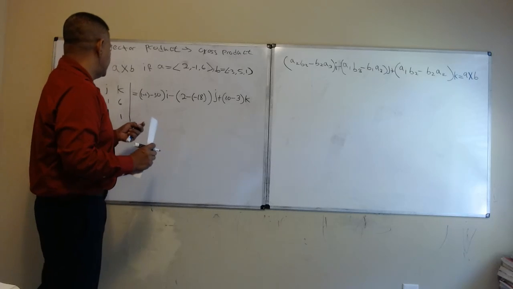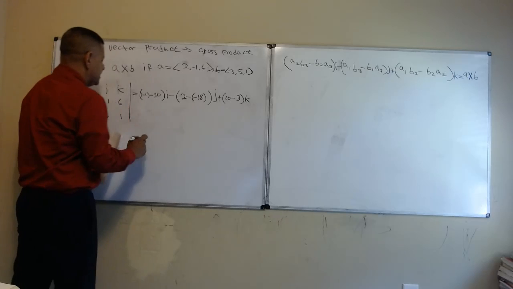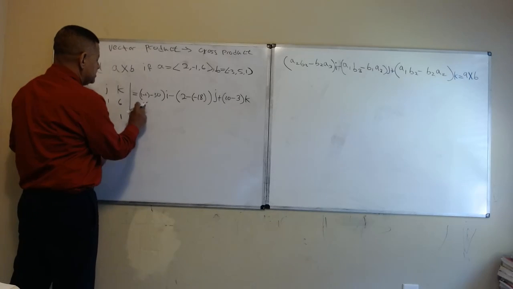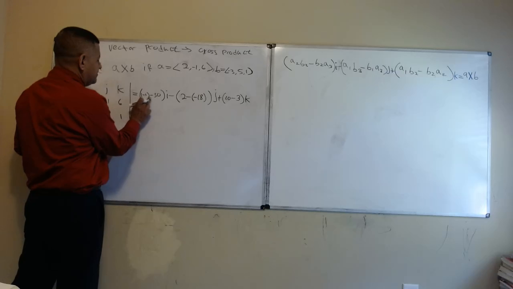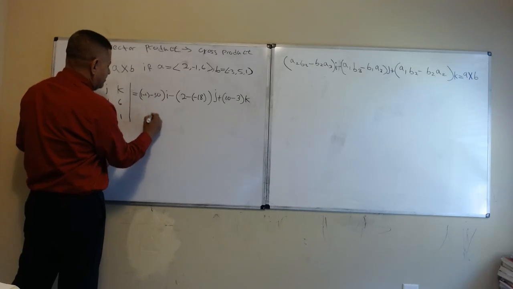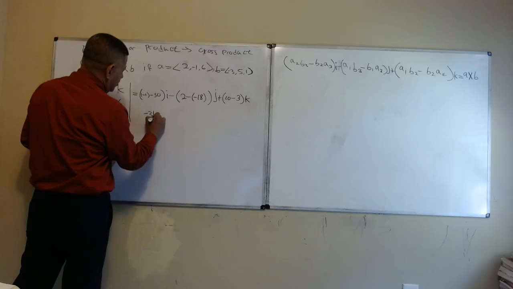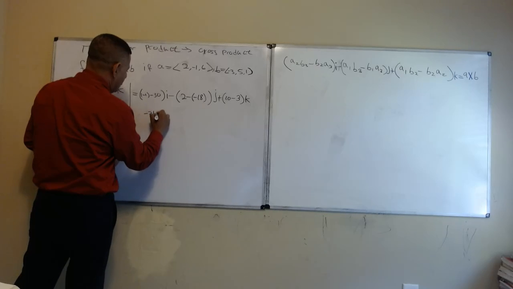Now let's do this. In this case, I can simplify this, right? If this is negative and this is negative, I can actually add them. When I add them, I get negative 31, negative 31i, right?